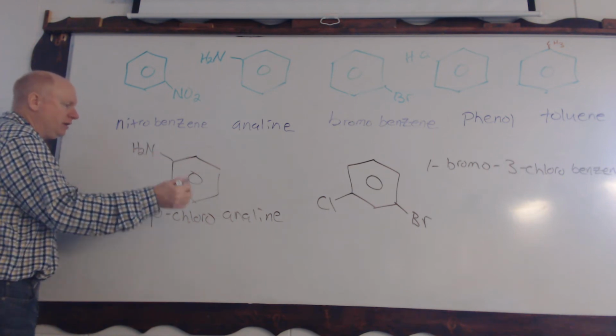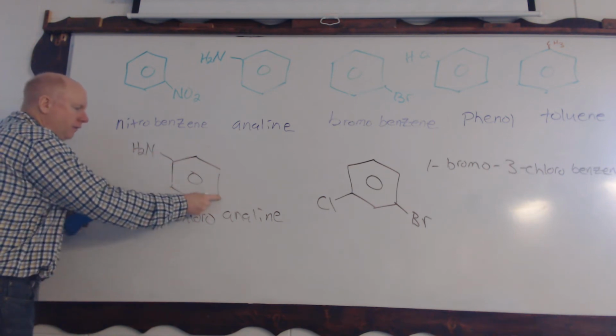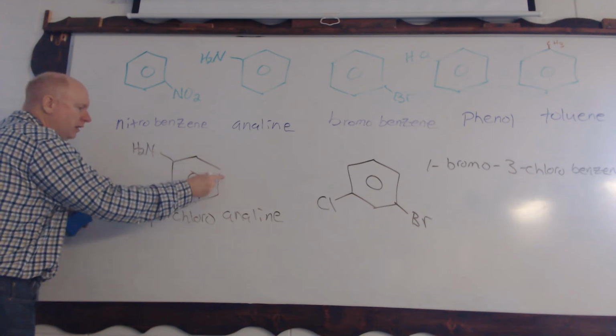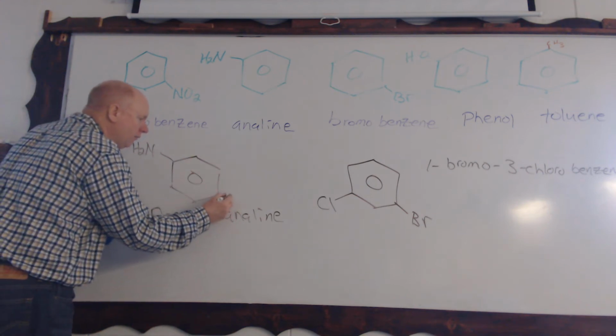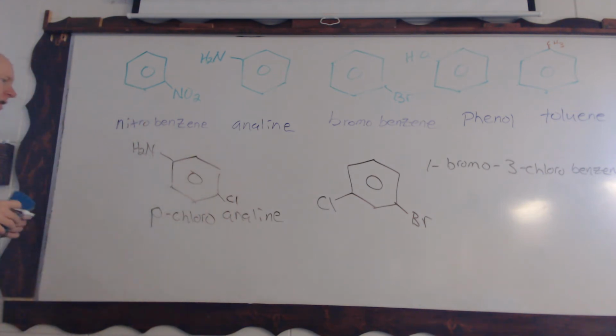Doesn't matter which way you go, 1, 2, 3, 4, or 1, 2, 3, 4. Put them down there. That is parachloroaniline now. So that abbreviation is much, much easier to deal with when you've got those common names.